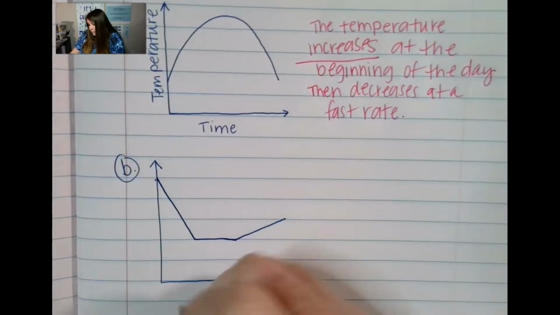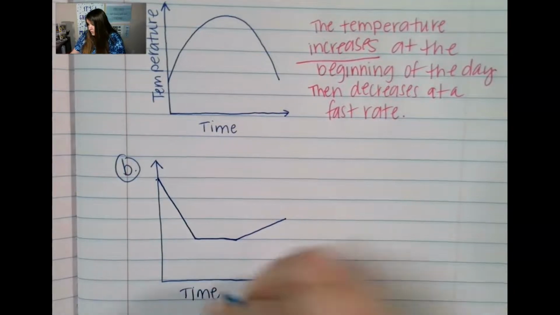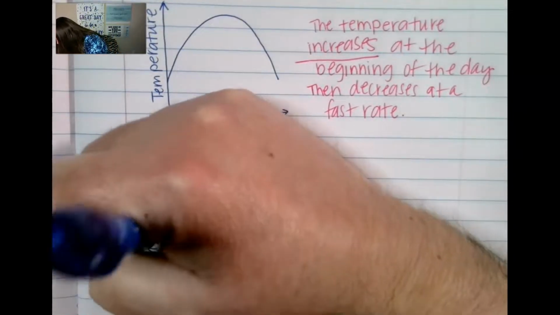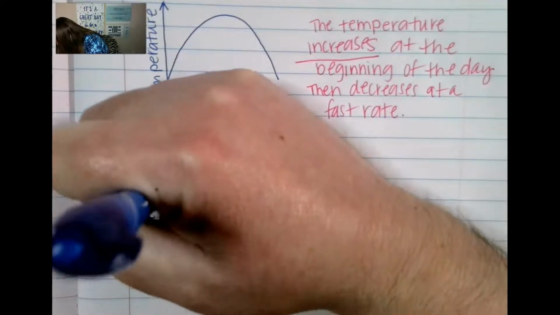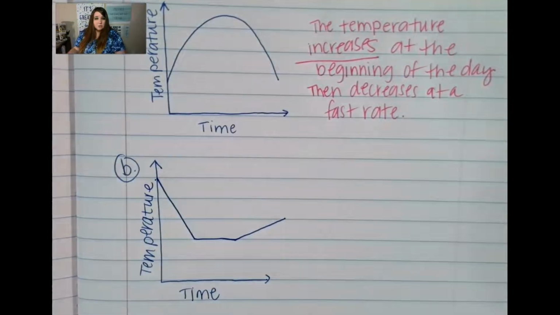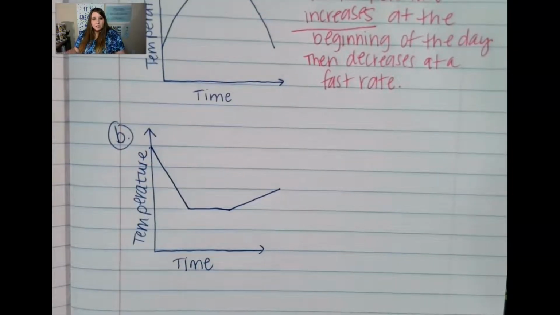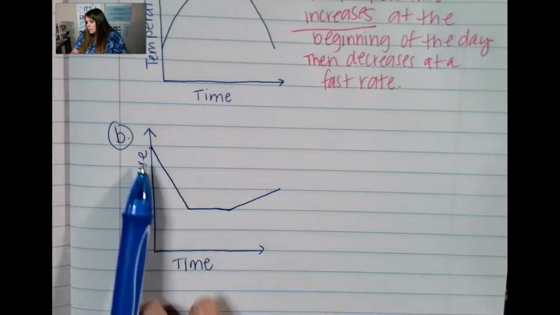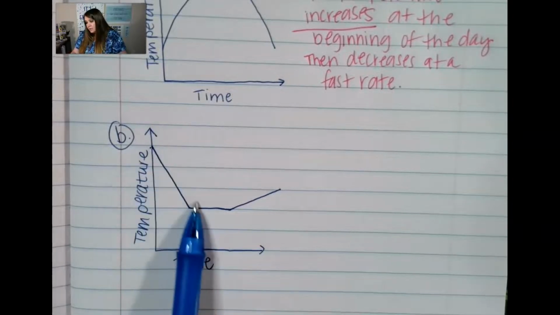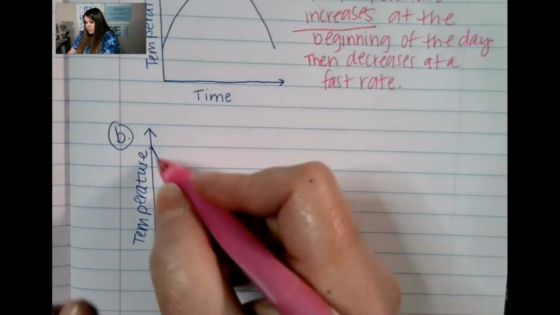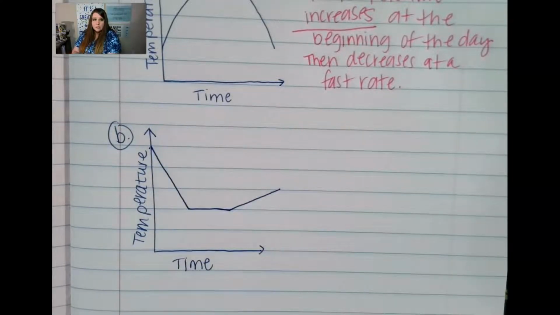Again, time is on the bottom. And then we have temperature. Okay, we can describe what's happening in this graph by just looking at the line, right? So we know our words decrease, right? When something goes downward, it's decreasing. So here, the temperature decreases.